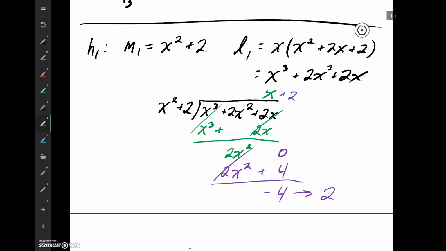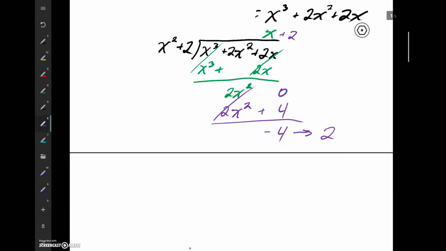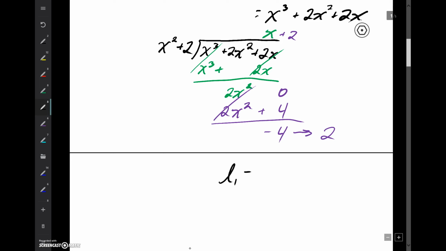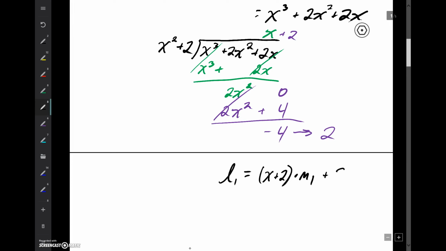So our remainder is +2, which means we can rewrite L1 as our quotient times the divisor plus the remainder. So it'll be x plus 2 times x squared plus 2, which is really just m1, plus the remainder, 2.